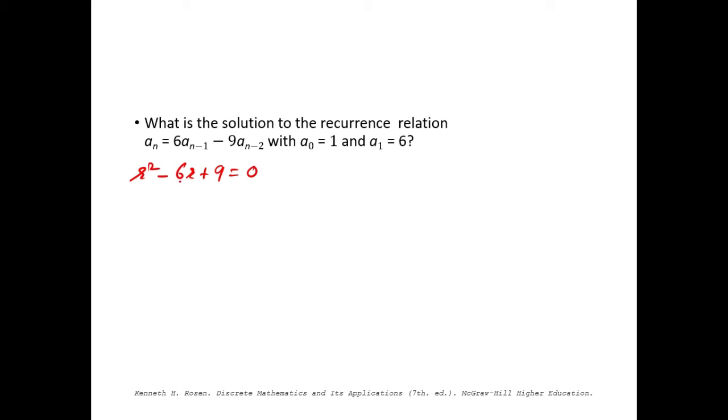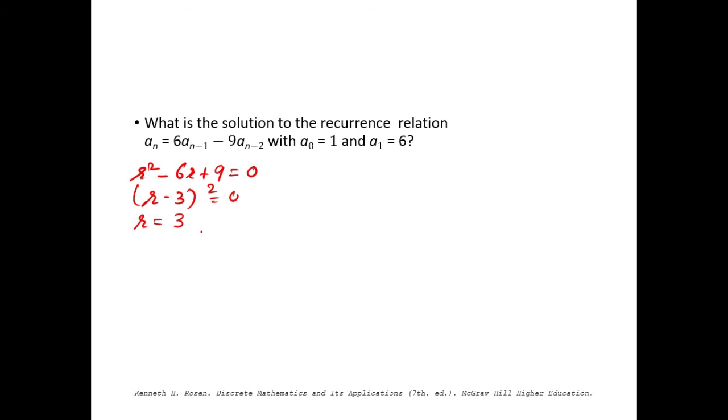Now, if we solve it further, we can say that this is of the form (r minus 3) square equal to 0, and so we get r equal to 3 with multiplicity 2.